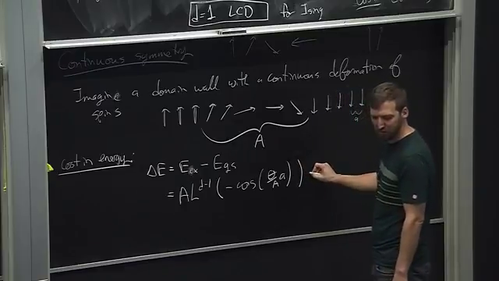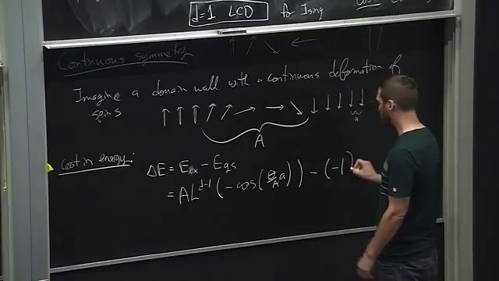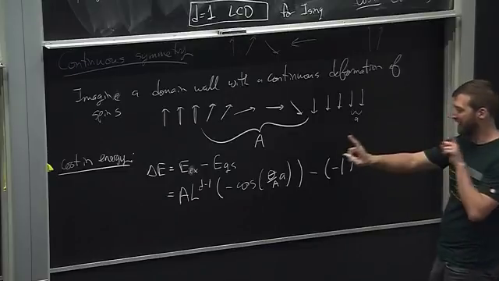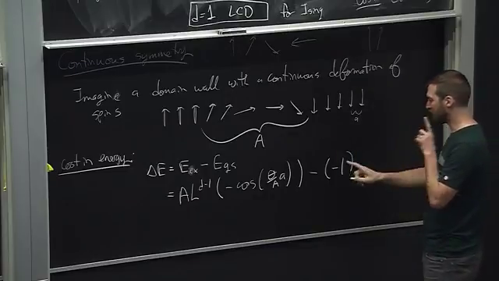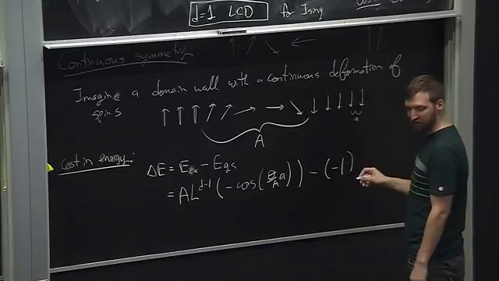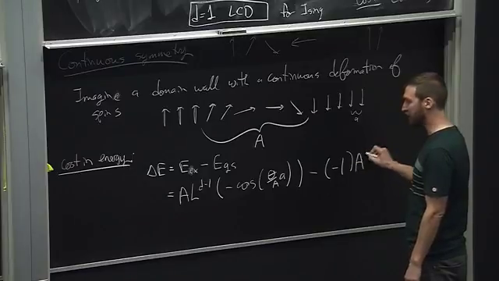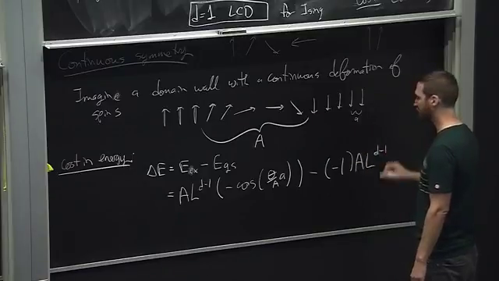Where if there's no domain wall, everything's aligned, I'm just going to say it's cosine theta minus cosine theta, times L to the D minus 1.